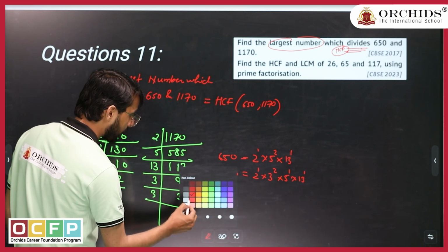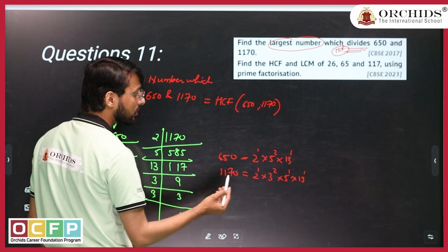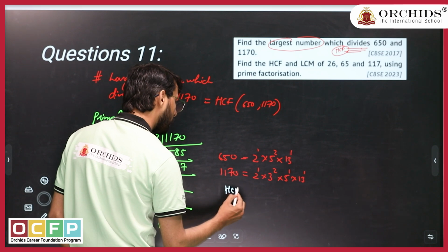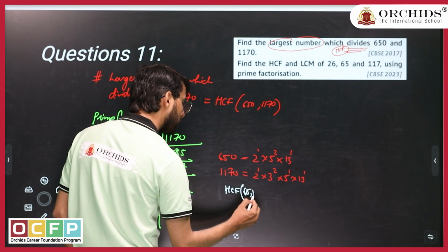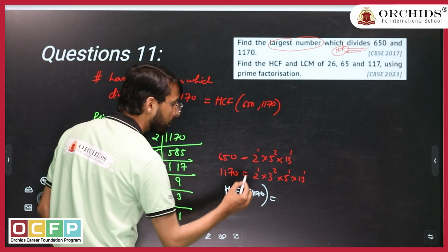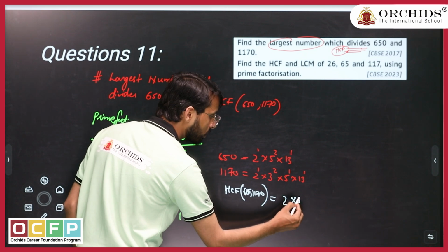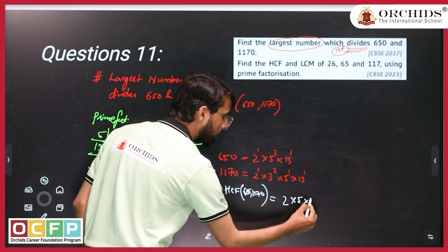While finding the HCF, first we have to focus on which factors are common. So for the HCF of 650 and 1170, 2 is common, next 5 is common in both, next 13 is common.